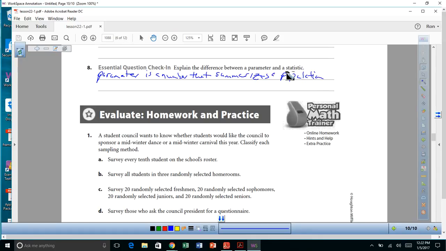And a statistic is a number that summarizes a sample, a sample taken from a population.